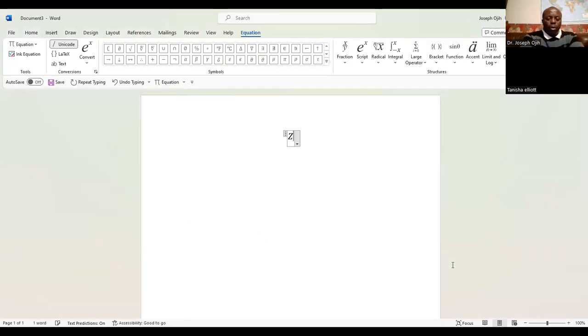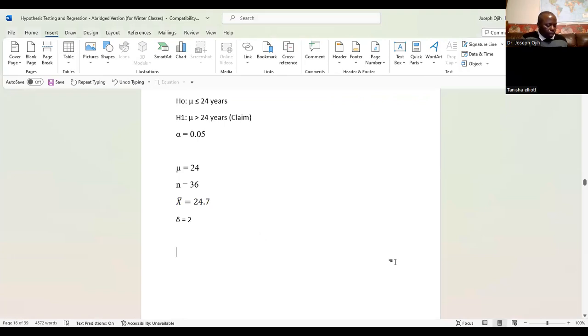Now remember we have all these summary statistics here already. I think I'm missing the standard deviation. Let me write the standard deviation down. Sigma equals 2. So all you have to do is put them in the formula to get our Z value.